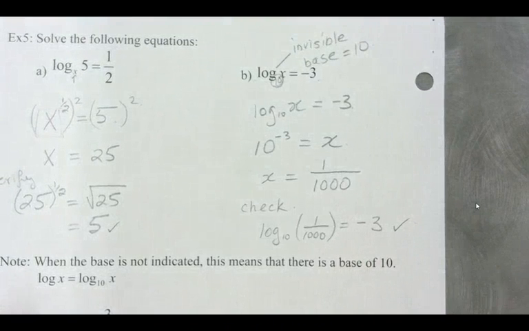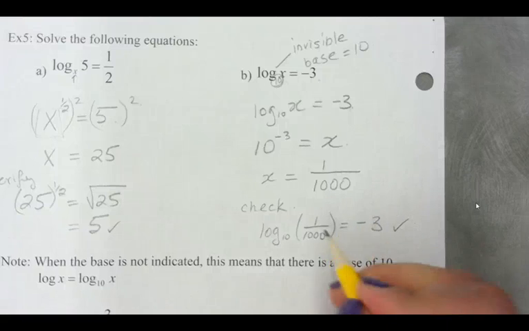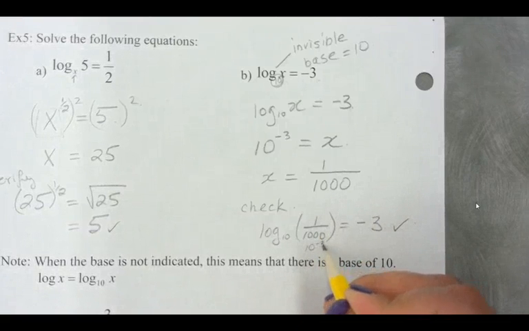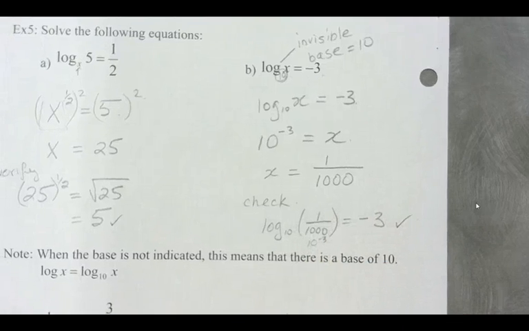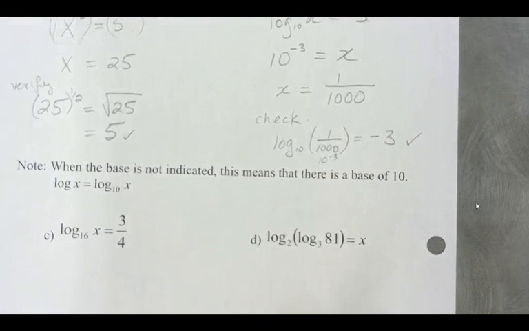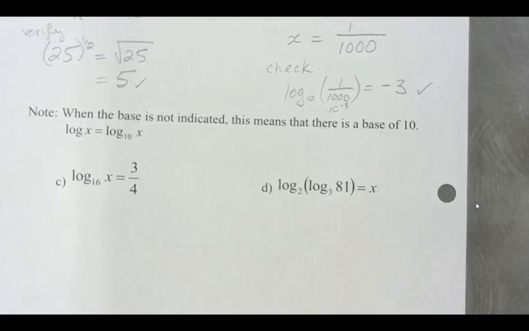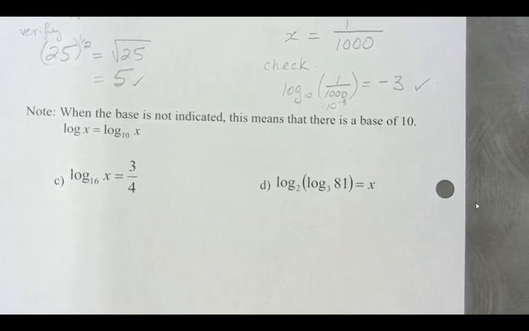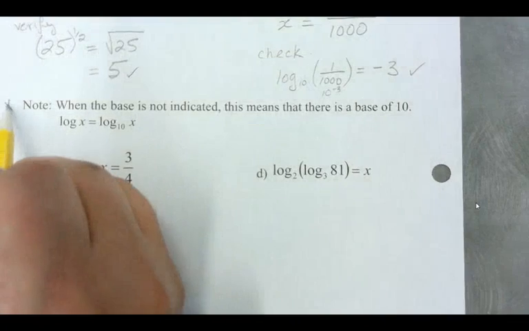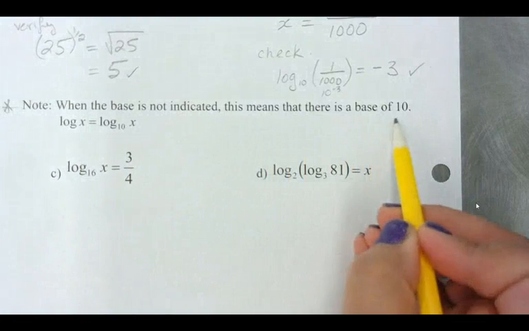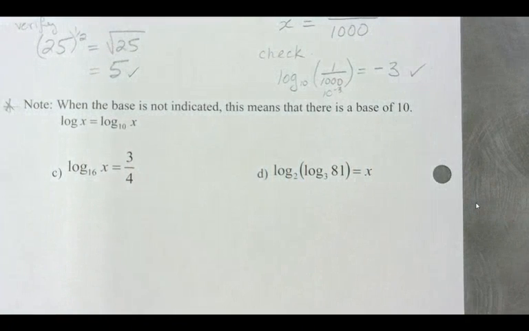And it does, because it's 10 to the power of -3, and this is 10 to the power of -3 over here. So just remember, when the base is not indicated, it means that it's base 10.